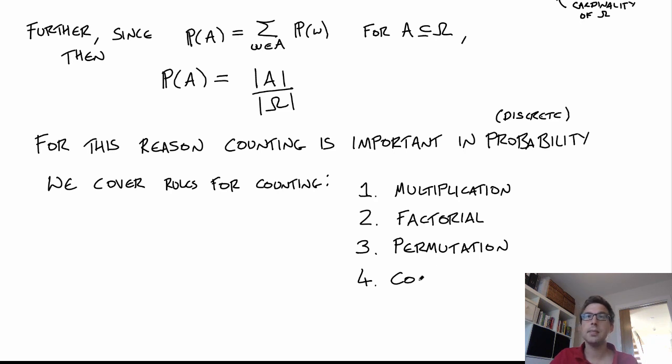Combinations, which are sometimes also called binomial coefficients. That's the number of ways we can take out items where we don't mind about the order. And then multinomials.